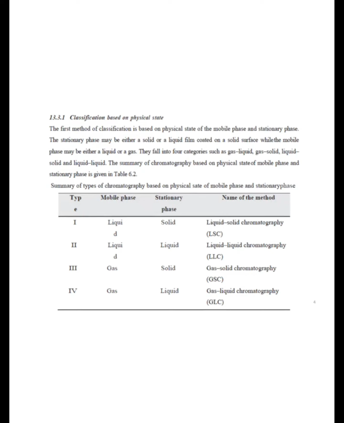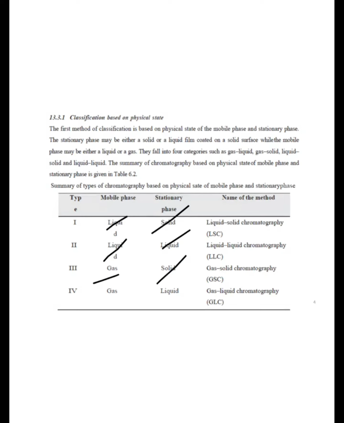Here there are different types. In the first type, the mobile phase is liquid and the stationary phase is solid. The second type is mobile phase liquid and stationary phase also liquid. The third type is mobile phase gas and stationary phase solid.